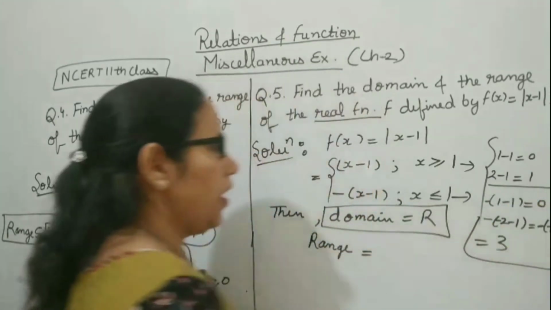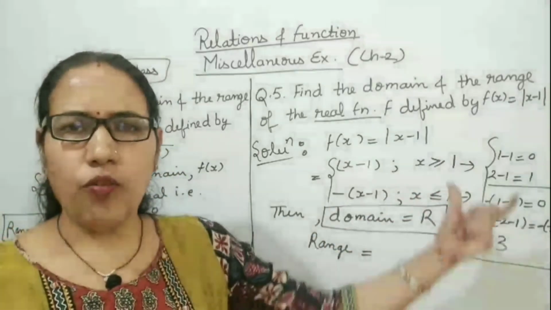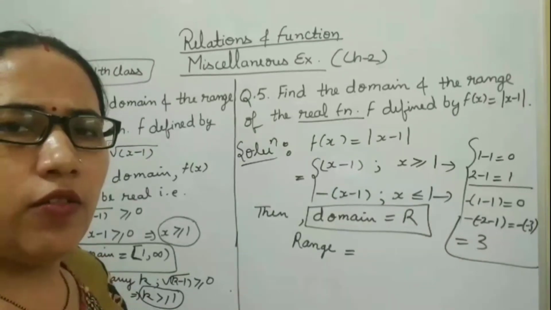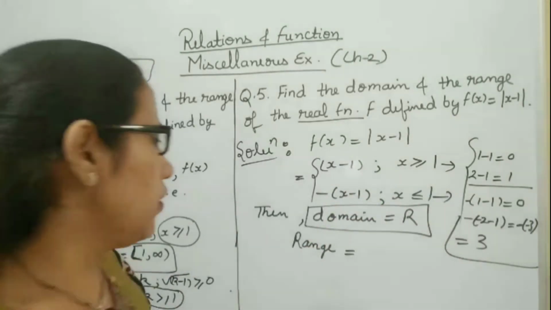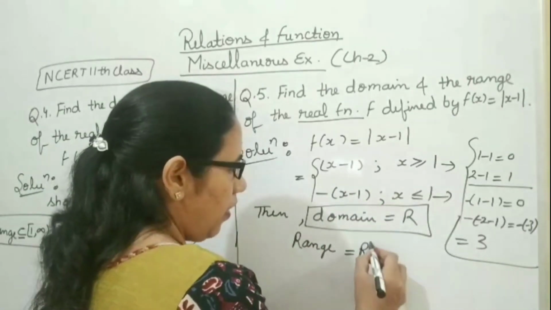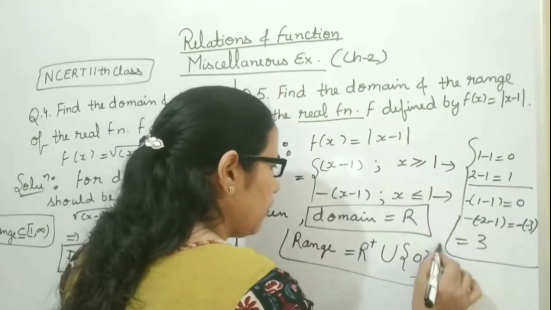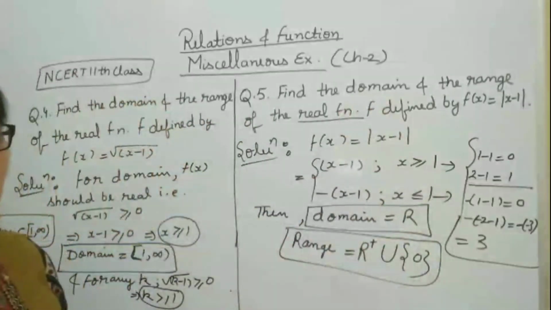So for both the domains the value comes out to be 0 and only positive values. We have to find for both the domains that the values come out to be only positive real values. So range will be R positive union 0. So this is the range for this function. Clear?